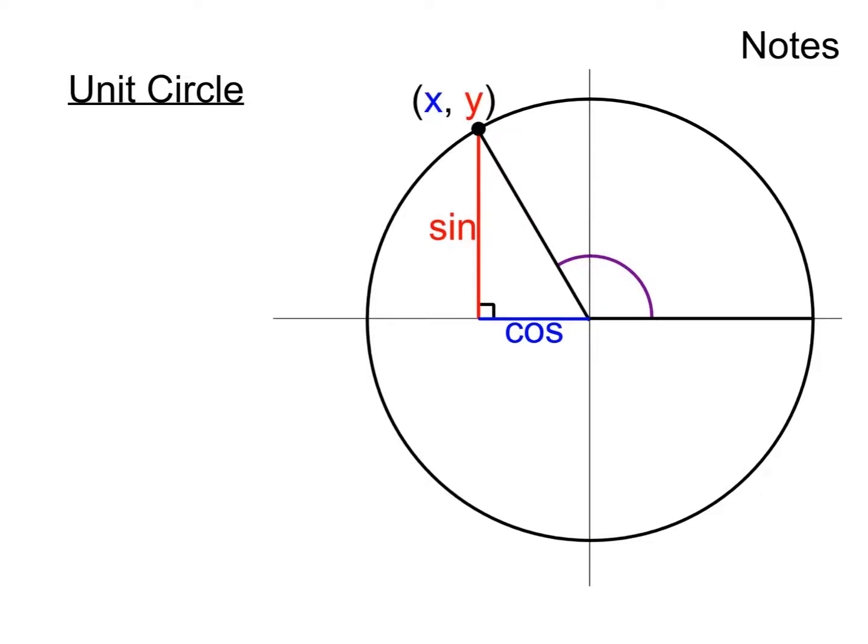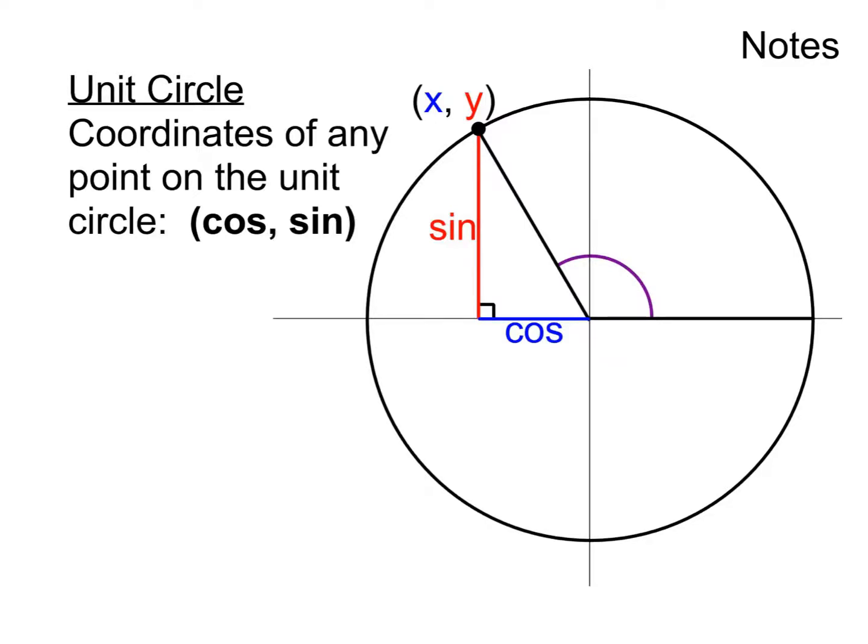And so we have a general rule that we can apply here that cosine tells us our x-coordinate of the point, and sine will tell us the y-coordinate of the point. So add those labels to your picture there going forward. And then we can also formalize it with a little bit of text here. The coordinates of any point on the circle, unit circle in particular, can be found by doing cosine comma sine.